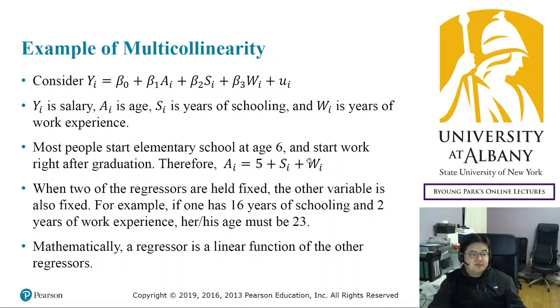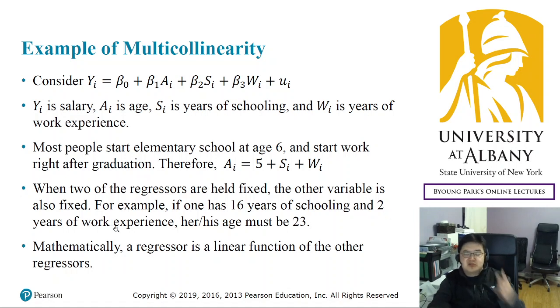Among these three, if you know 2 of them, the other is automatically fixed. So for example, think about this. Suppose that there is a person who has 16 years of education, so a college graduate, and 2 years of work experience.